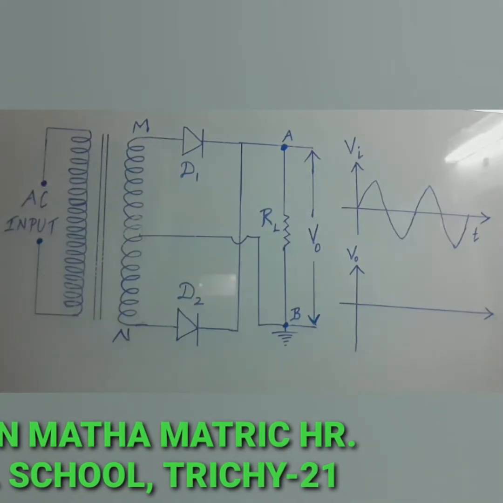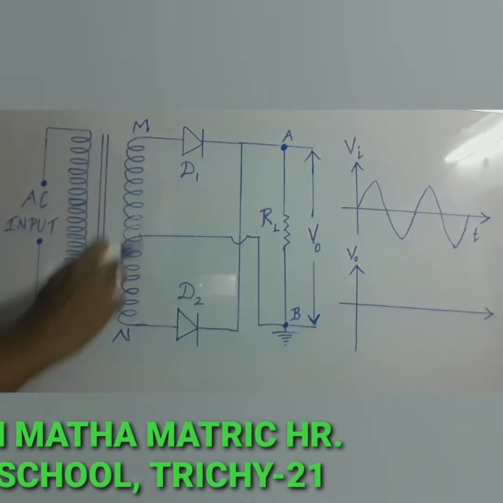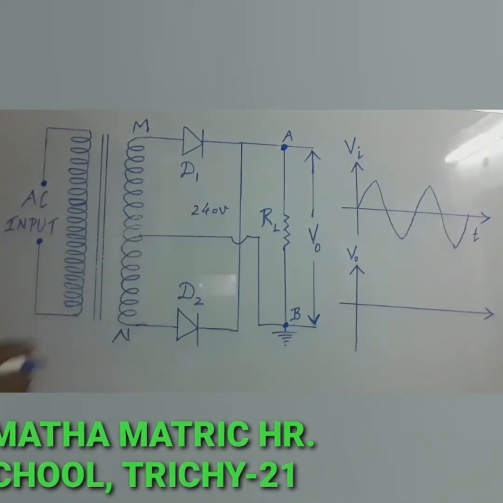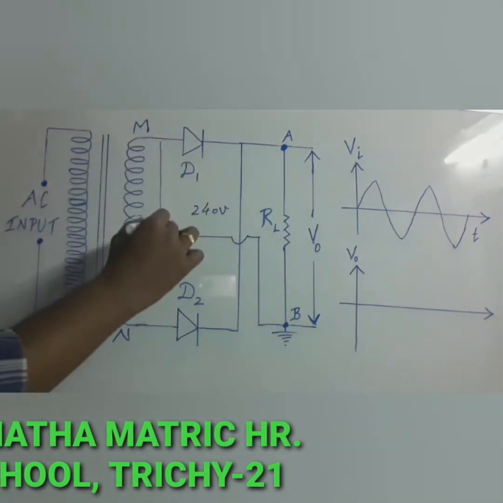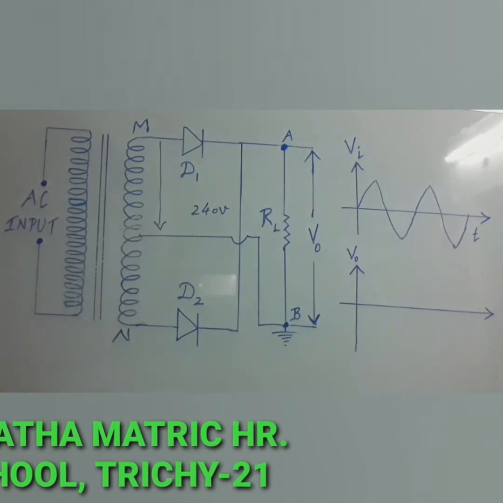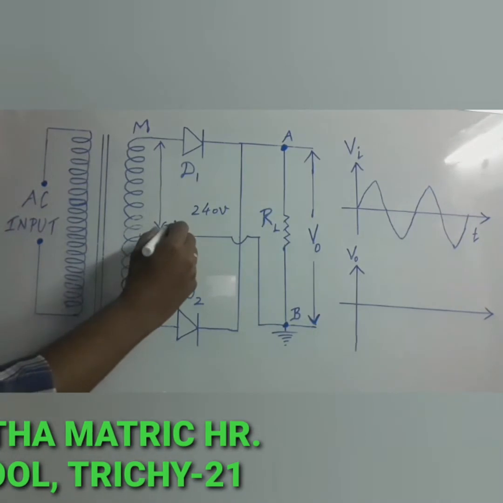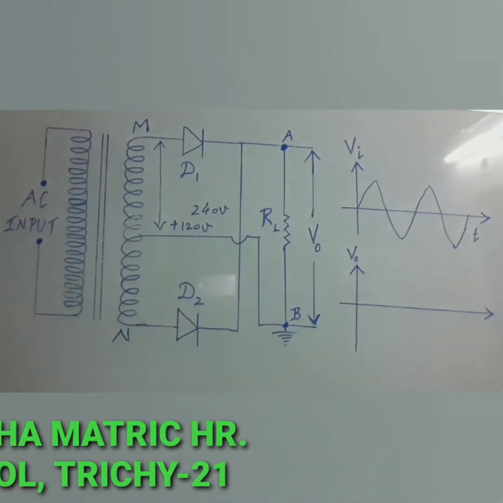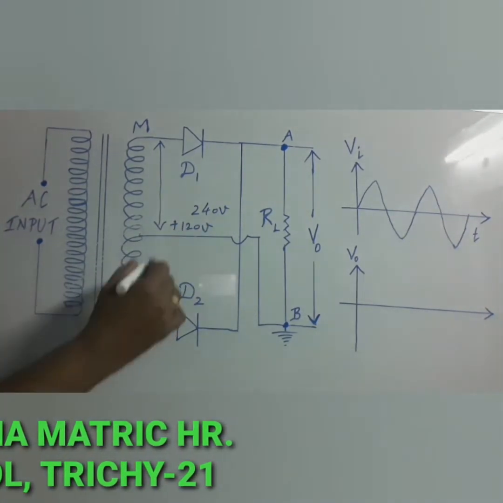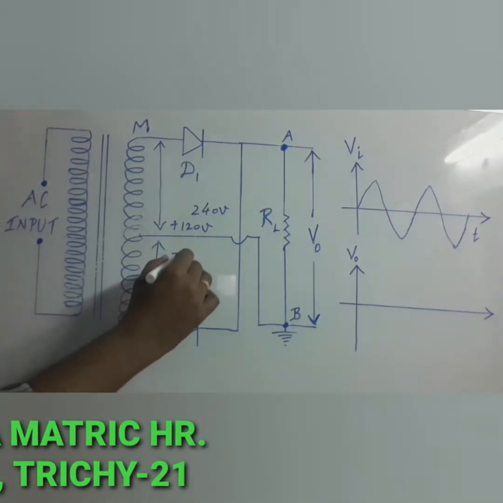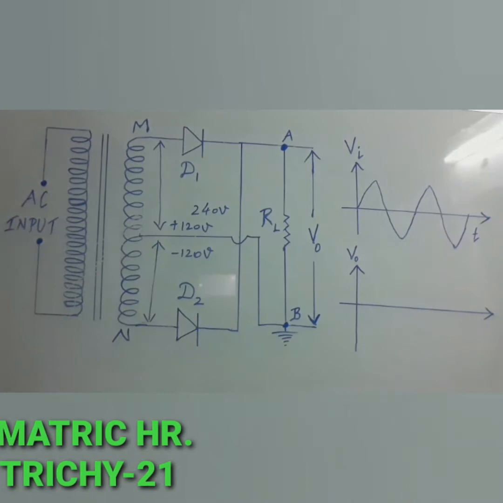For example, if the voltage across the secondary is 240 volt, then the voltage across one end and the center tap point is plus 120 volt, and at the other end it is minus 120 volt.